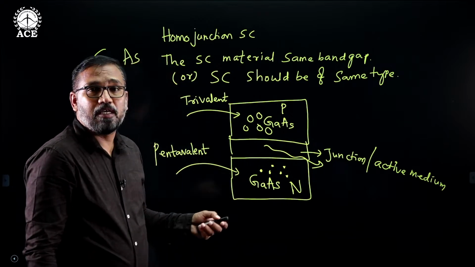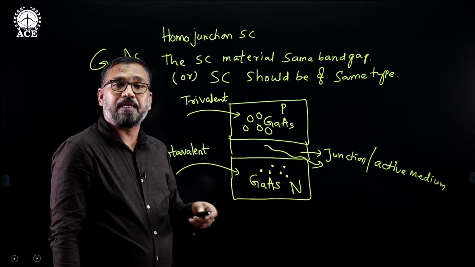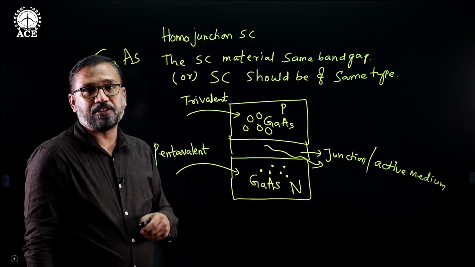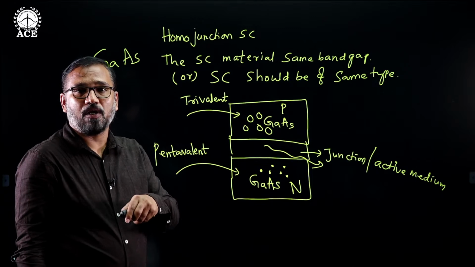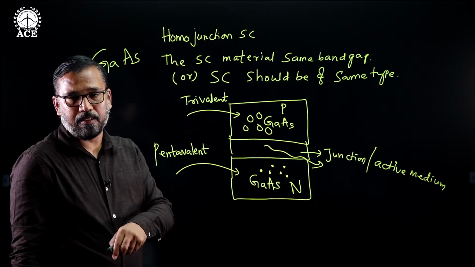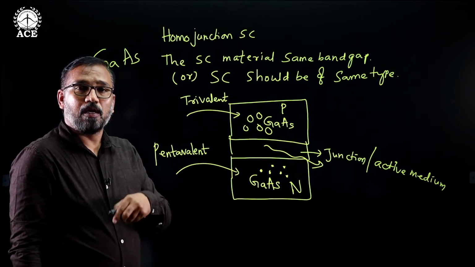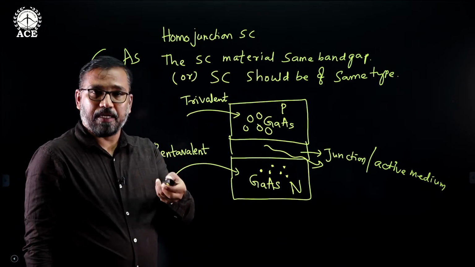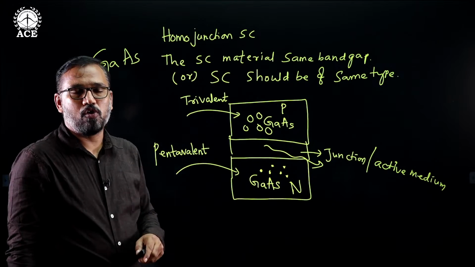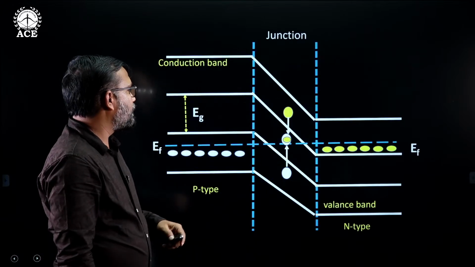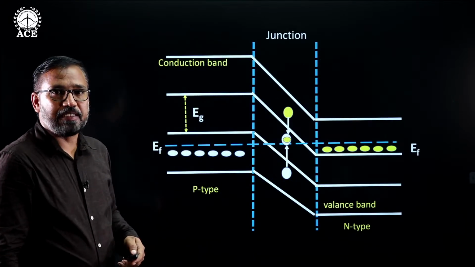So homojunction means when we use same band gap semiconductors to form a junction, then that kind of semiconductor laser is called a homojunction semiconductor laser. Or another way, same band gap semiconductors used as the p-type and n-type semiconductor is also called a homojunction semiconductor. So what happened exactly here?